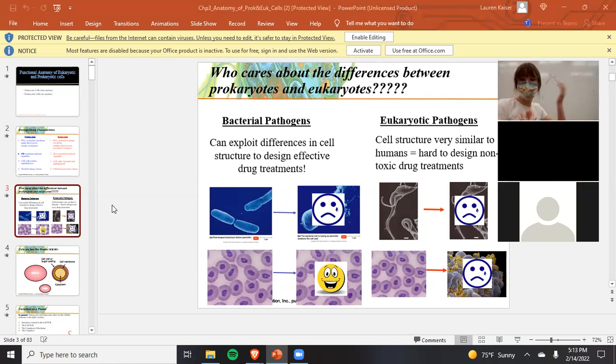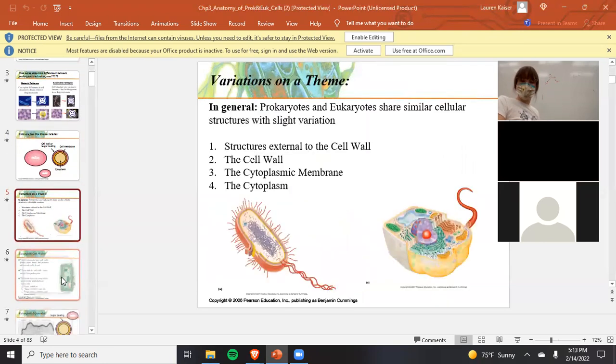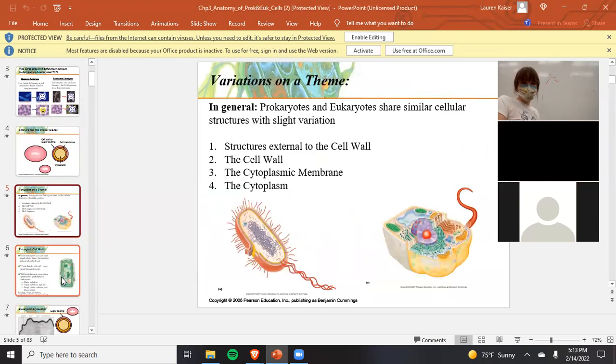We can lyse that and pick on things in that cell wall, and it won't harm us. It might make us feel not so great, but selective toxicity is what we want. Yeah, you guys understand that there's layers. So this is kind of what we're going to outline.